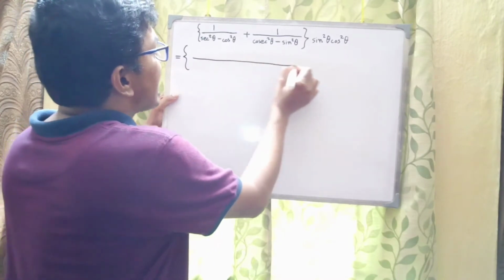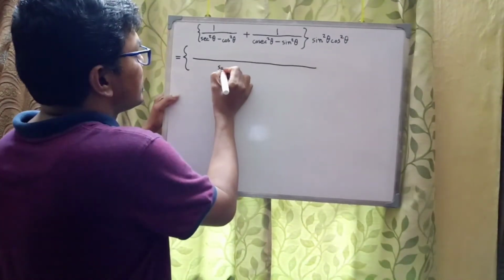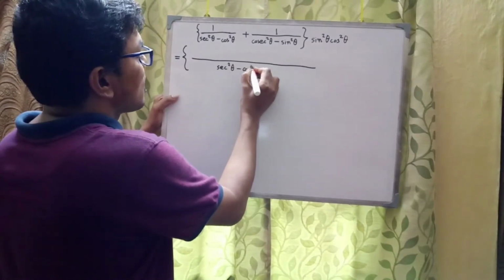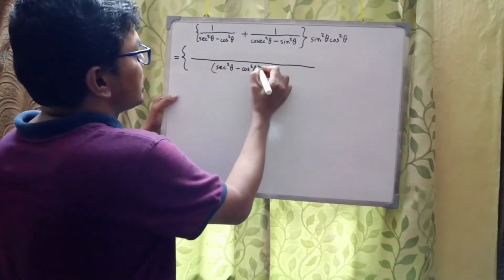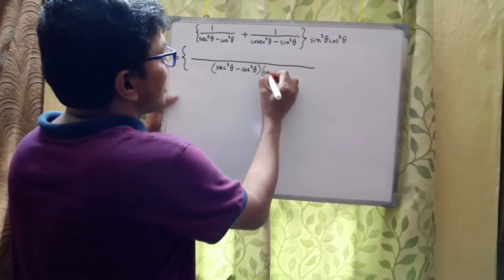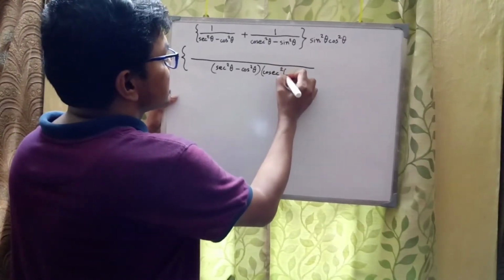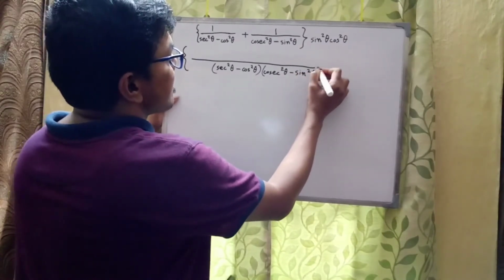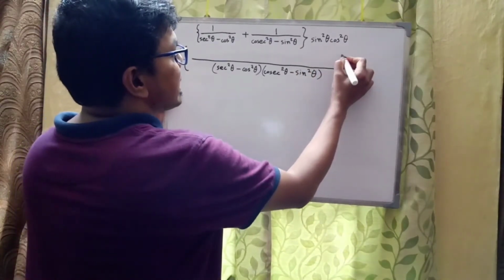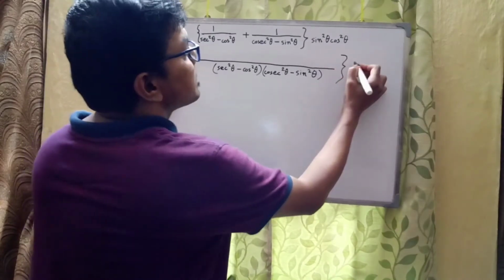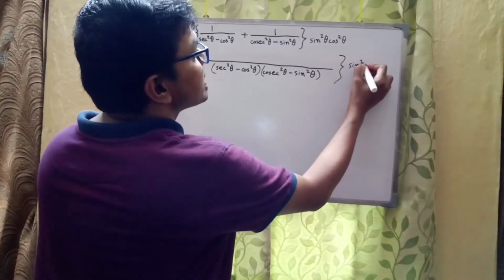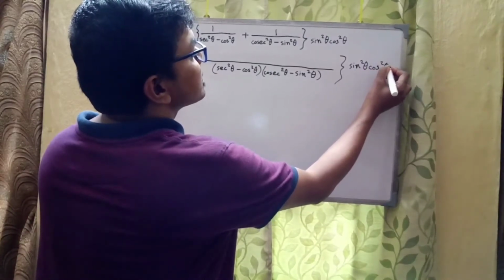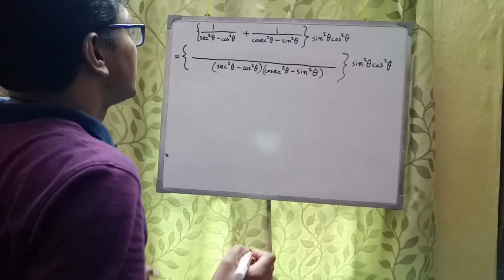So whenever we add these fractional parts, we have the LCM as this: (sec² θ − cos² θ) multiplied by (cosec² θ − sin² θ), and the remaining part is here. The whole thing is multiplied by sin² θ cos² θ.